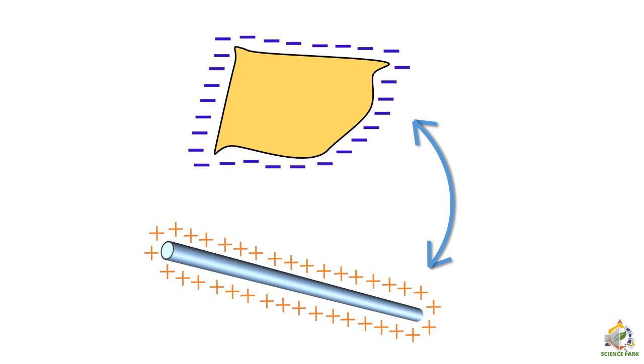And as the silk cloth gains excess electrons, it becomes negatively charged. Now we can't see with our eyes whether these objects are charged or not. Hence, we use an instrument called an electroscope to check whether they are charged.